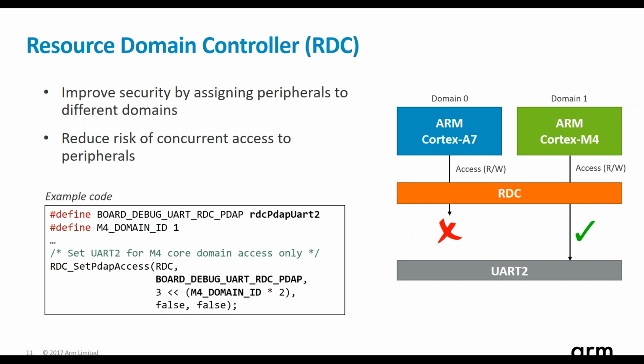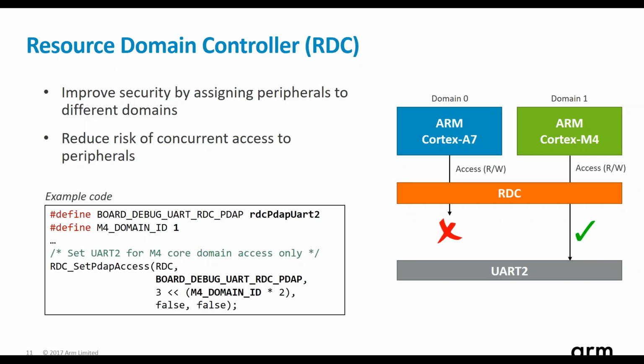The resource domain controller is basically a gatekeeper that allows different processors to access peripherals and memory, but it will check that each unit, or each domain as it is called, can have read access or write access to that specific memory.